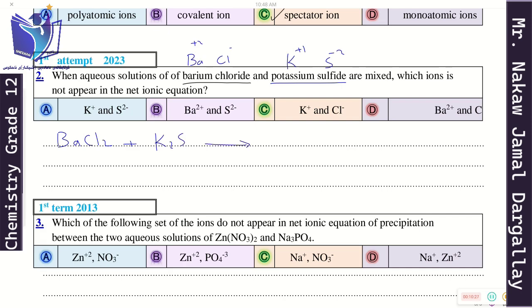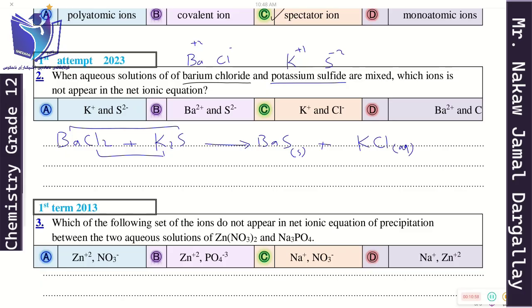Double displacement reaction occurred. Ba with S produce BaS plus K with Cl produce KCl. BaS is insoluble in water while KCl is soluble in water.